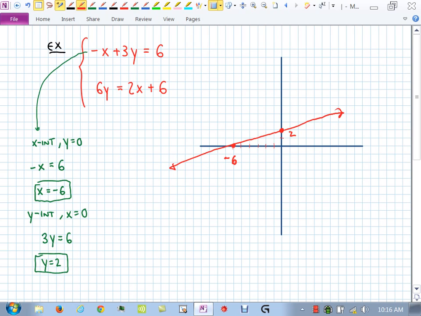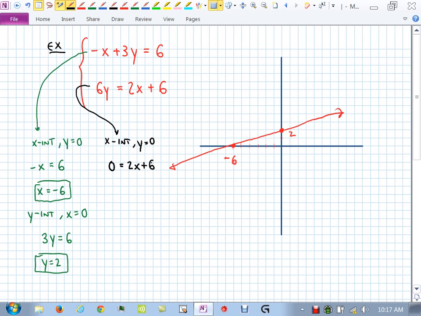Now do the next one. The next line, the x-intercept, I set y to 0. So I can do it the same exact way, right? All I'm going to do is rewrite this equation. I'm going to let my y be 0, which is going to kill off this left side and make it a 0, right? 6 times 0, 0. So my left side of my equation is 0, and then I still have 2x plus 6.